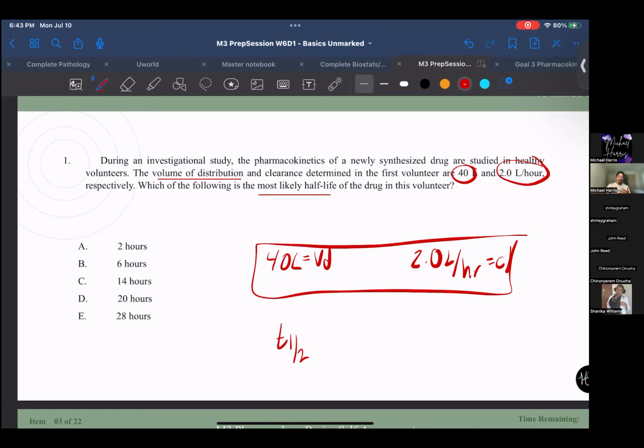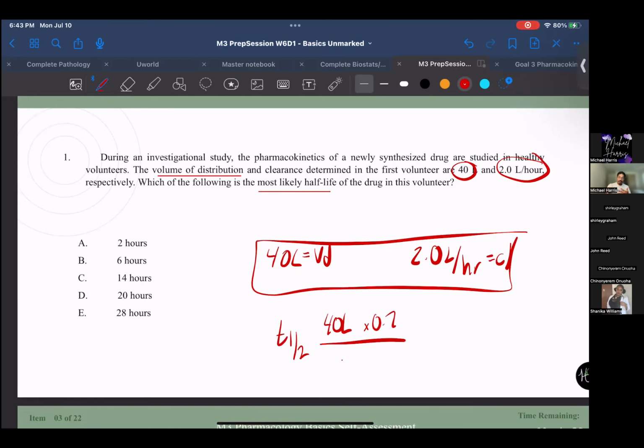Yes, you divide the two. So you do 40 liters times 0.7 divided by your clearance. And as a result, you get your answer. Okay? Any questions on any of this?